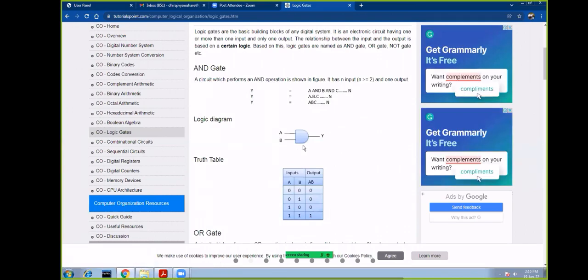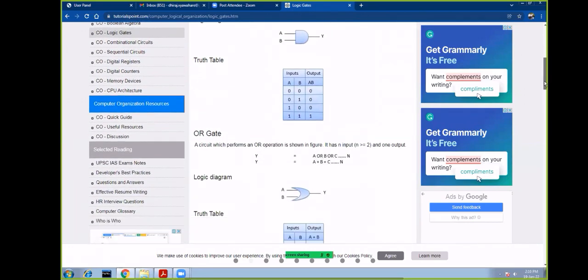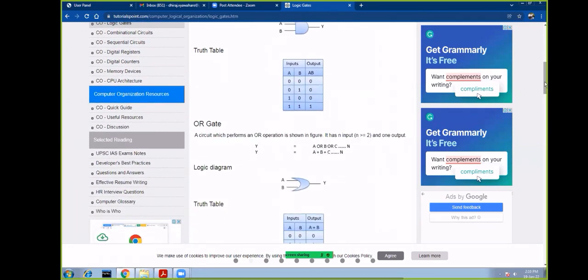If I add 5 inputs, 2 raised to power 5. Like that. Why? Because this is always raised to power 2. Base is 2, because our logical gates are built on that technique.